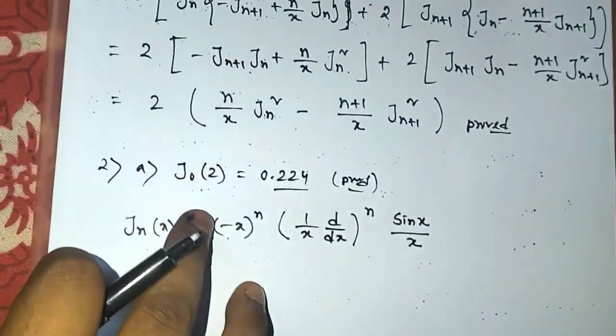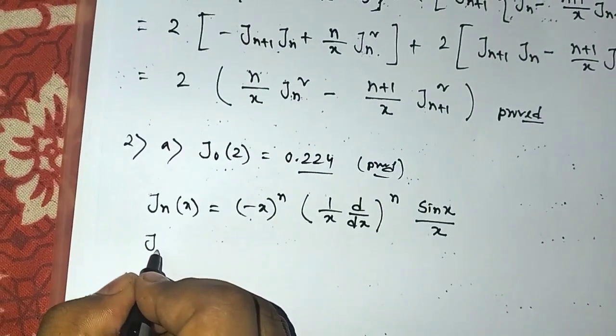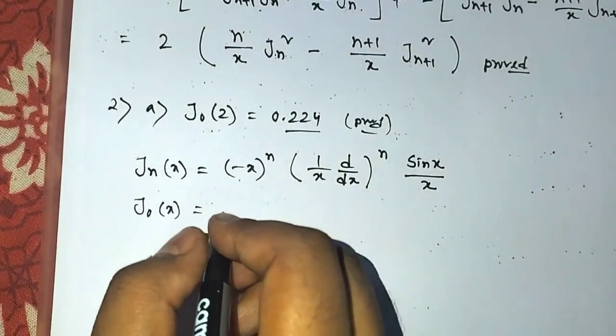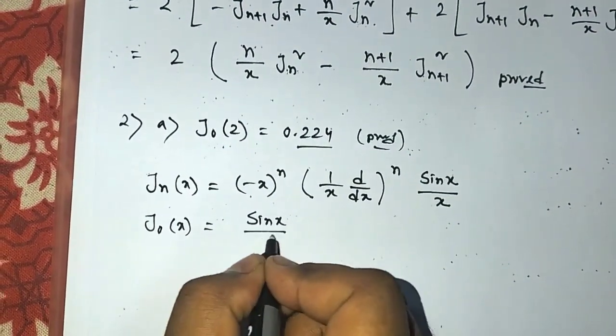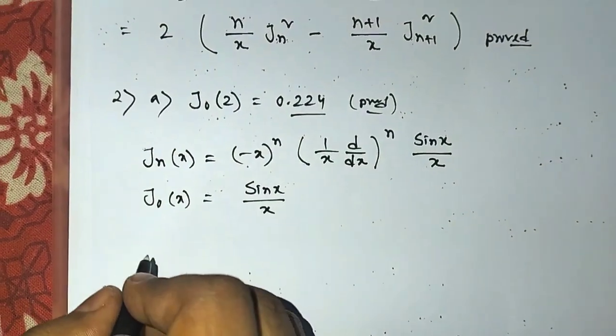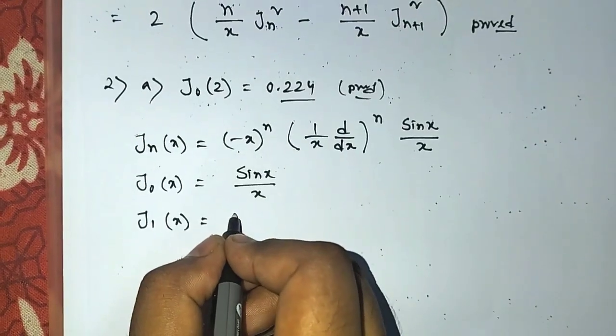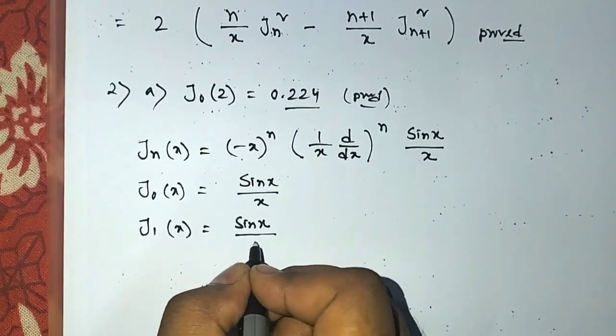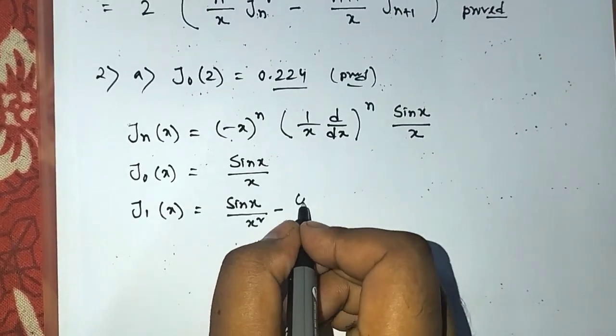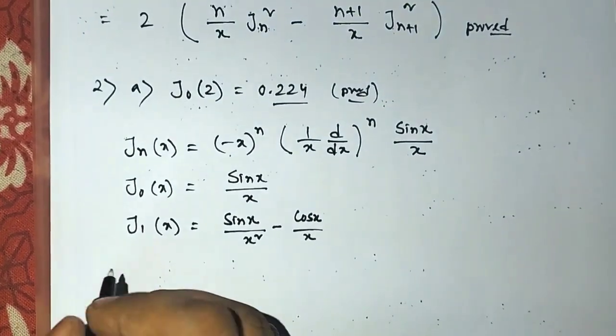So from here, if you input n equal to 0, then J_0(x) equals sin x / x. And in the same process you should remember J_1(x) equals sin x / x square minus cos x / x.